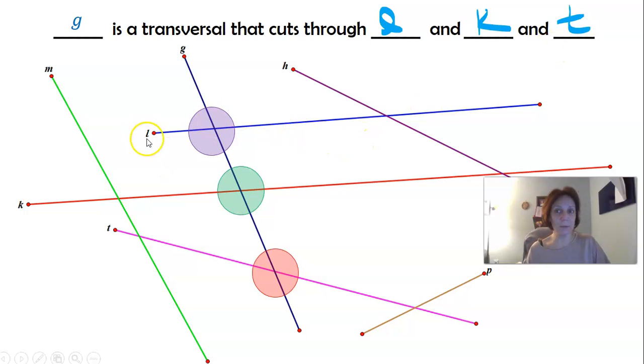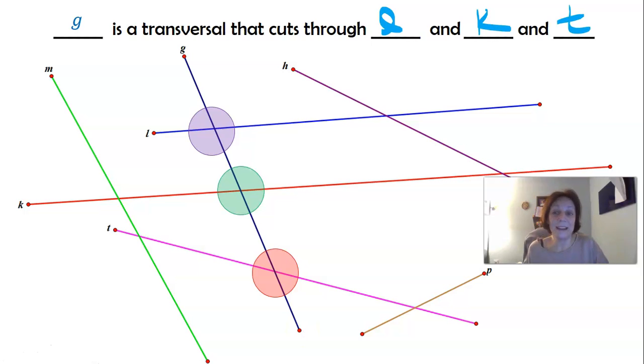In the first problem that we did, L was the transversal, right? L was a transversal that cut through G and H. Here, L isn't the transversal. It's one of the ones that's being cut through. Okay? So lines can be both depending on the situation.